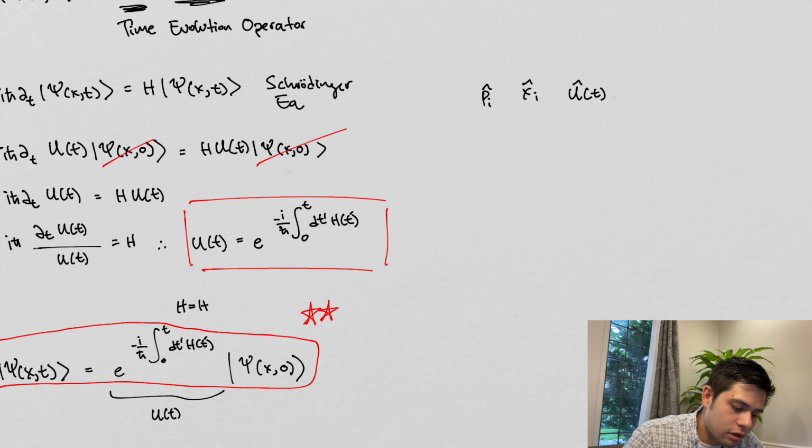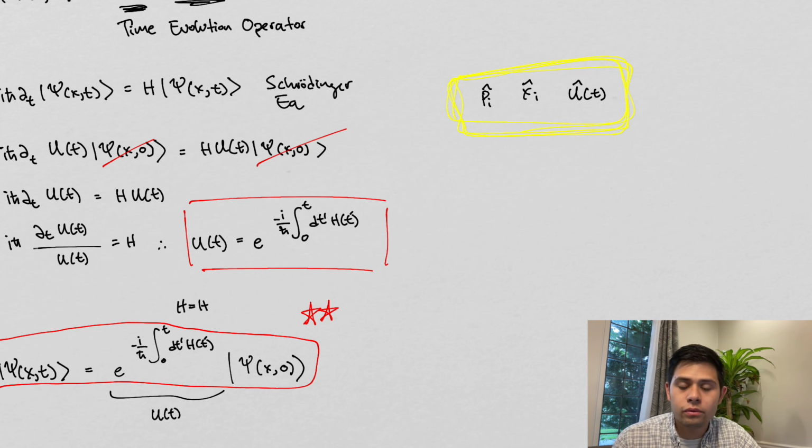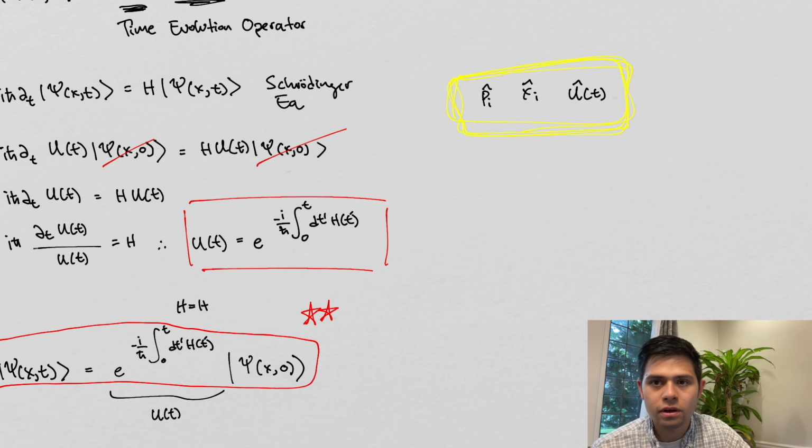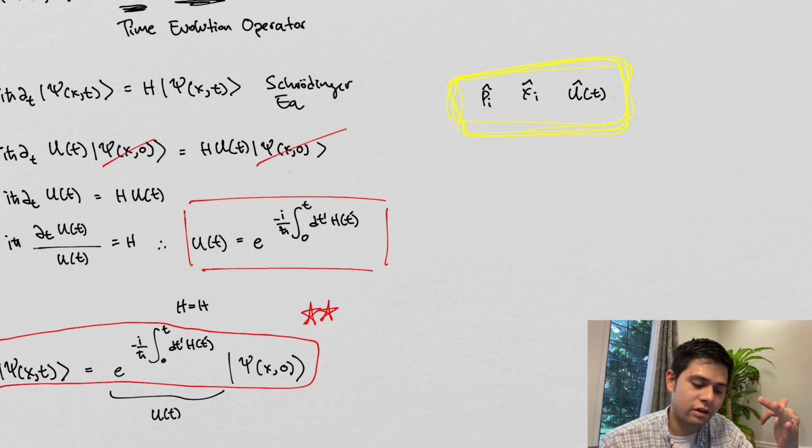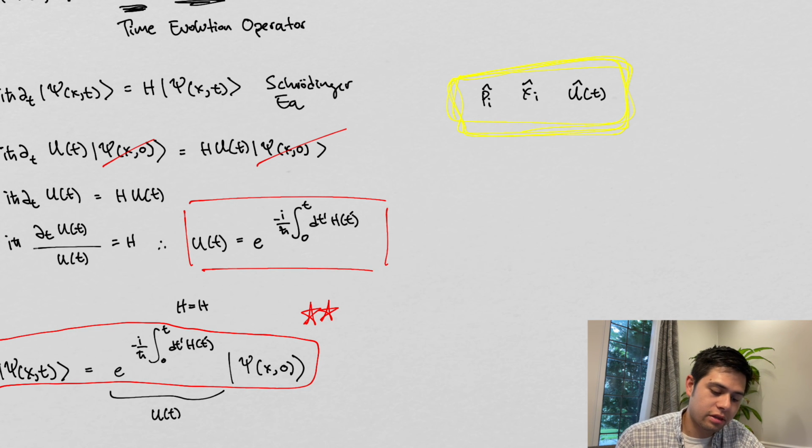I want to circle these because these are the big operators that are going to be dealt with in quantum mechanics for the most part. There are other types of operators you'll want to be interested in because they all have interesting properties, but the three big players here are the momentum operator, the position operator, and the time evolution operator.